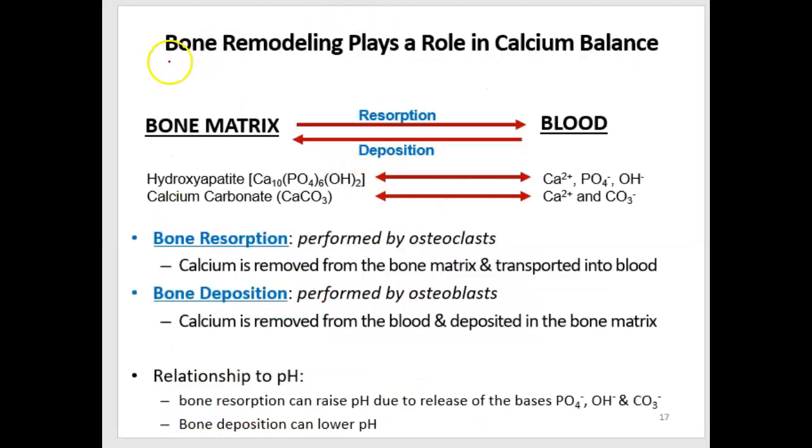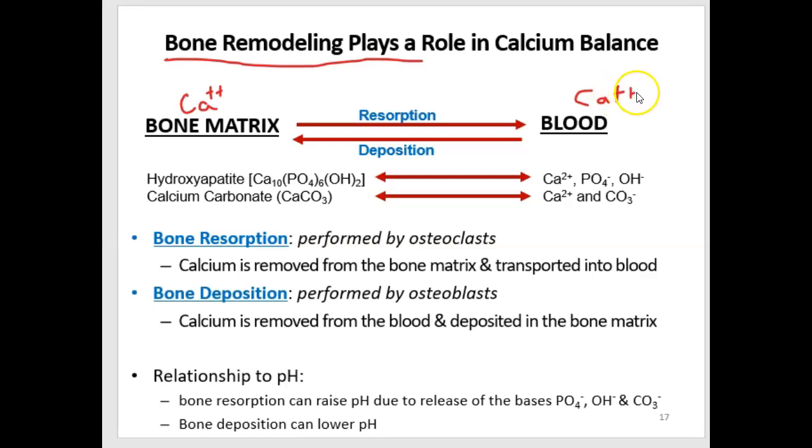Okay, now let's talk about how this blood calcium is regulated by bone. How that happens is through bone remodeling. So we have bone and blood. Both of them have calcium. Okay, so the bone matrix through mineralization has calcium, and the blood has calcium.